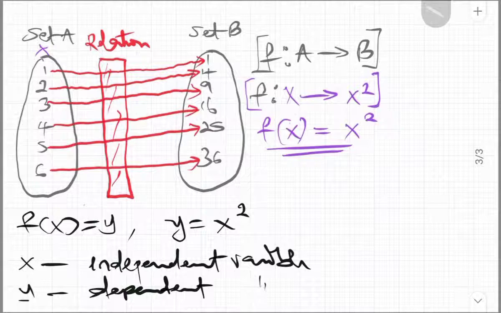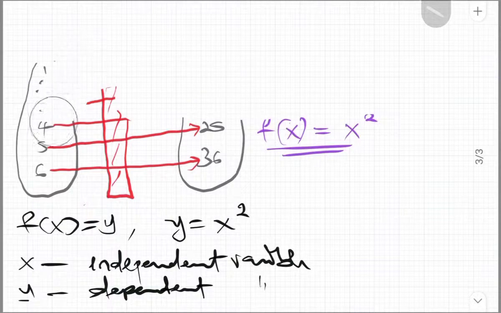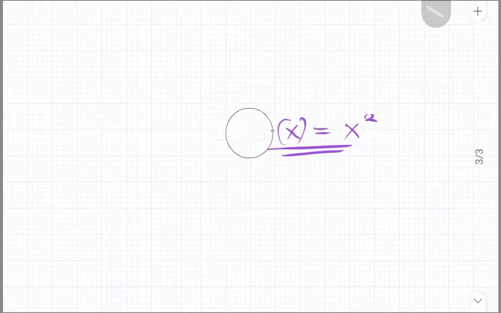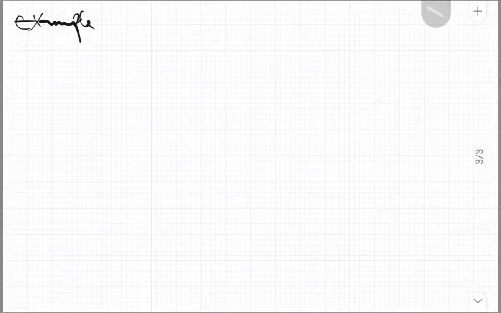So let's consider another example. Now let's consider not a set, but a function f, such that this function takes an element from the real numbers.